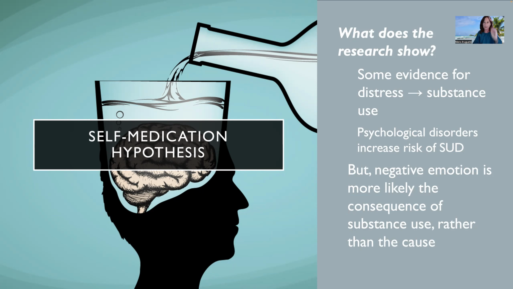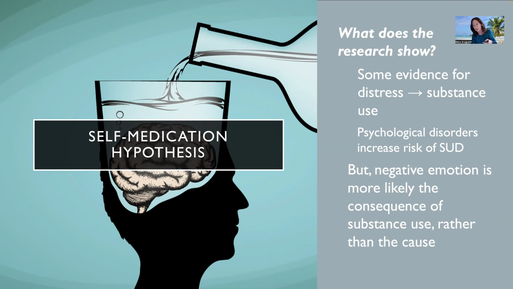The idea that you have a basic psychological problem and that you're treating using the substance. There's some evidence for it. Sometimes distress causes substance use. So people are distressed and they want to feel better, and that causes them to use substances.